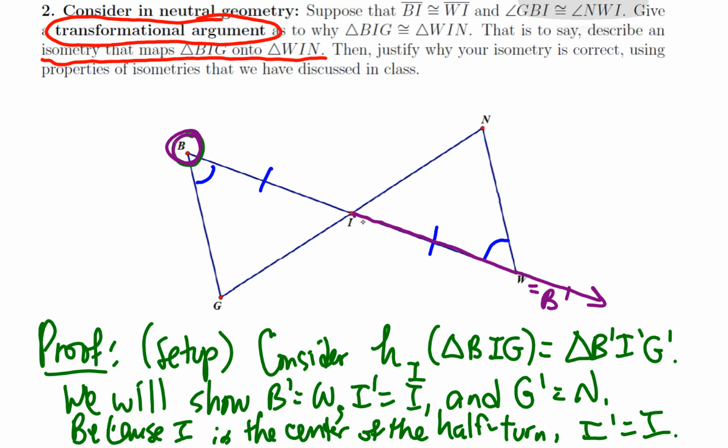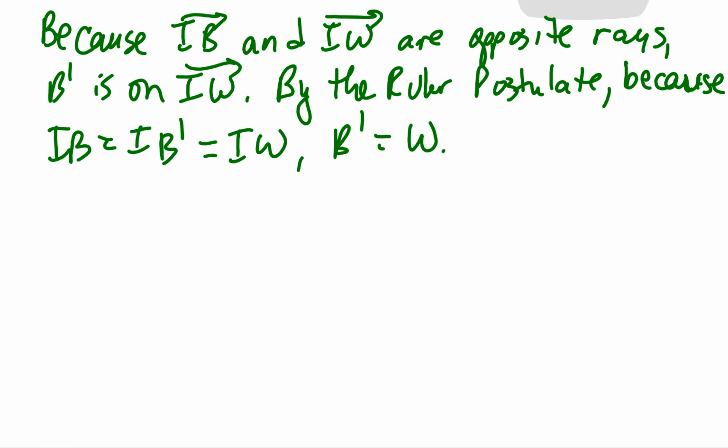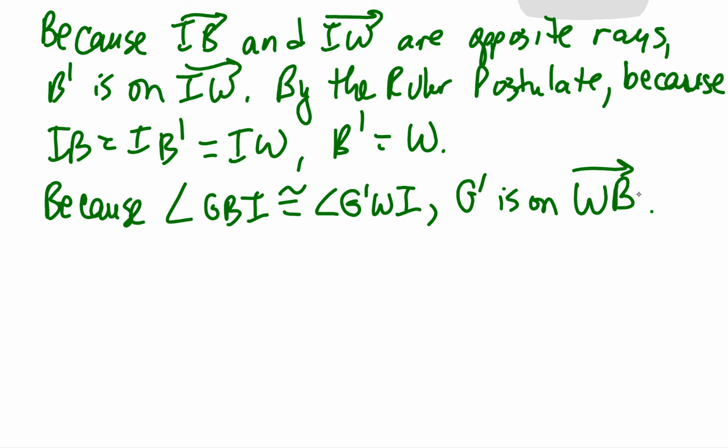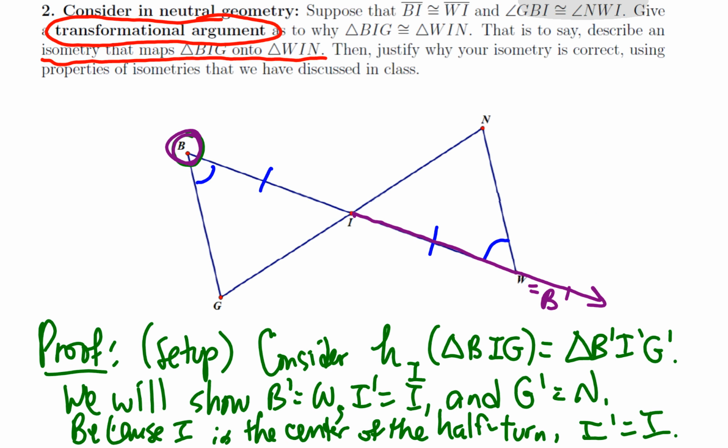So, because angle GBI is congruent to angle G prime WI. Just to be clear here, G prime B prime I prime is the same as G prime WI. So because those angles are congruent, G prime is on ray WB, right?